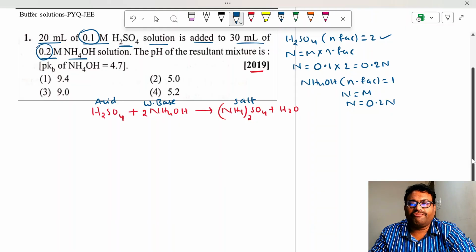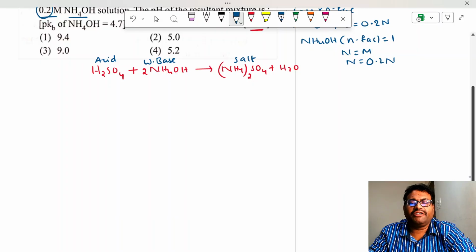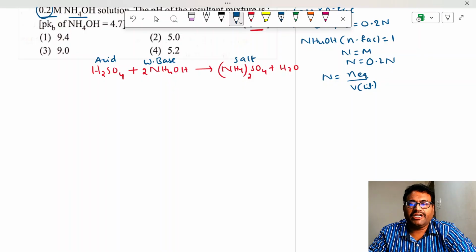And we know some formulae. Normality is equal to number of equivalents divided by volume in liters. From this, number of equivalents is equal to normality into volume expressed in liters.